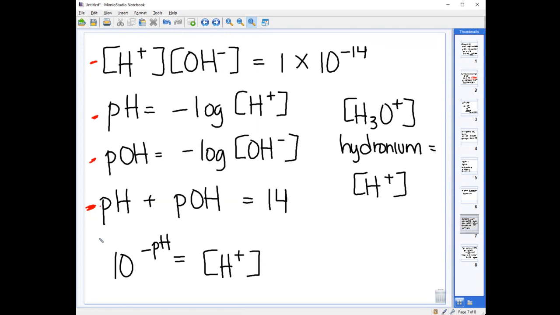Okay, so you're going to use all of these different formulas, and let's see what else. You've got pH, you're going to use that one too. Okay, so you're going to use all of these different formulas on that third page. Okay, and they're written at the top of that page for you, but they're also all right here.